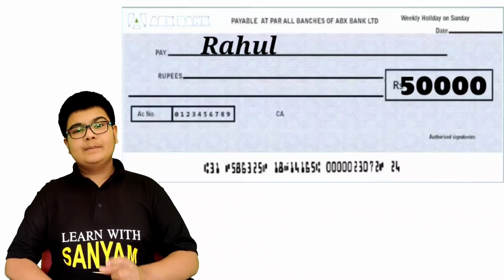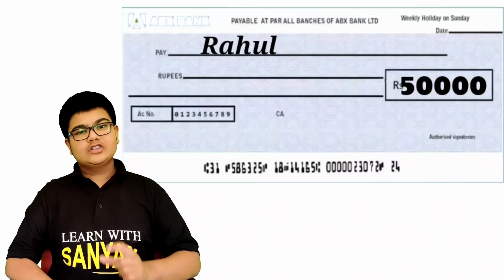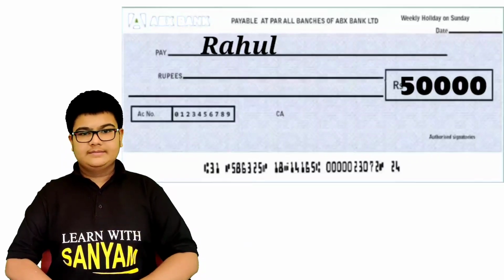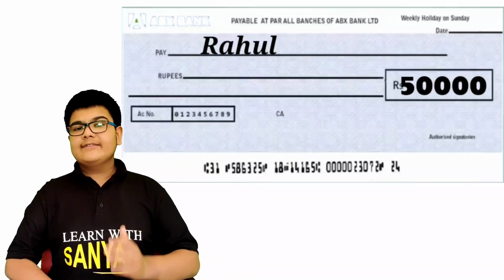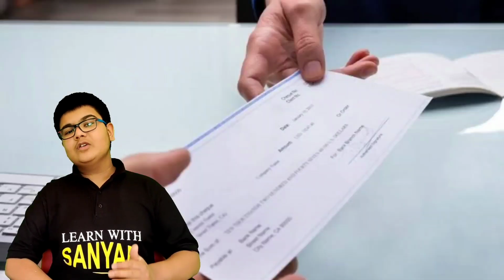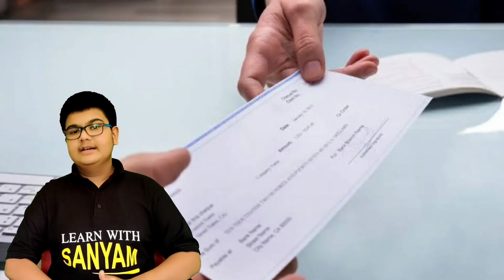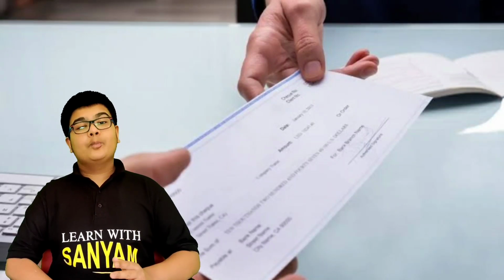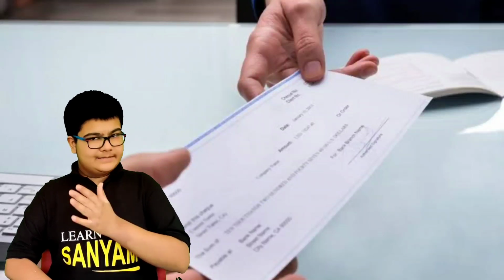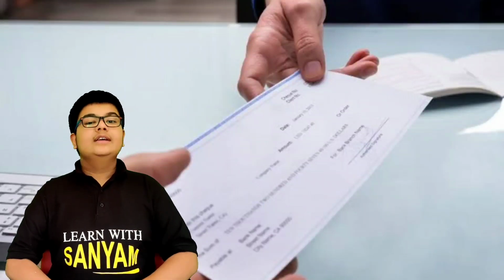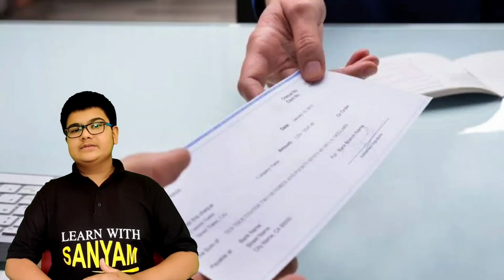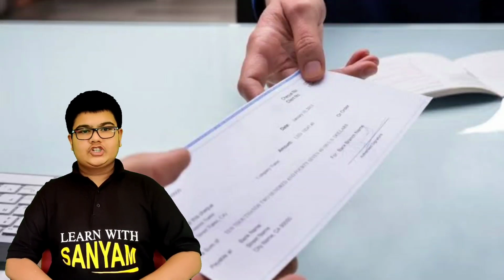So he will mention rupees 50,000 and Rahul's name on the check. Then he will give that check to Rahul and Rahul will go to the bank with that check. And the bank will transfer rupees 50,000 from Ram's account to Rahul's account. So in this way, money is transferred without the use of cash.